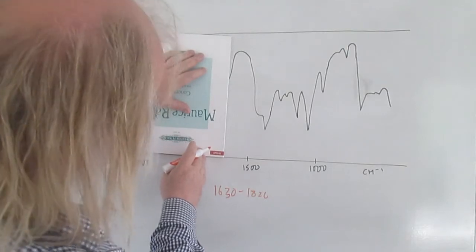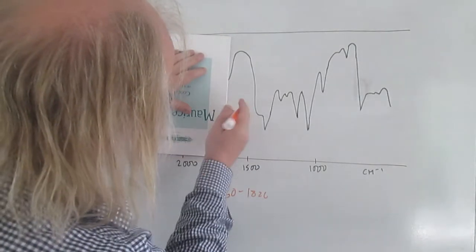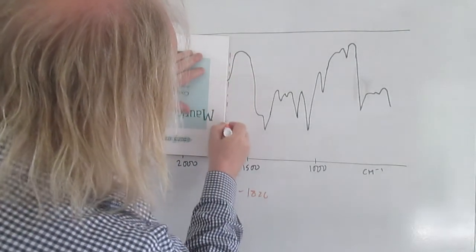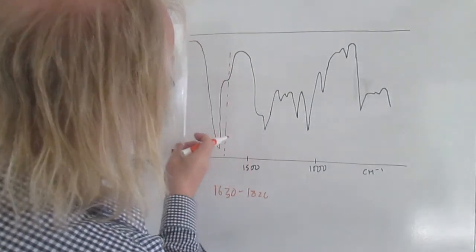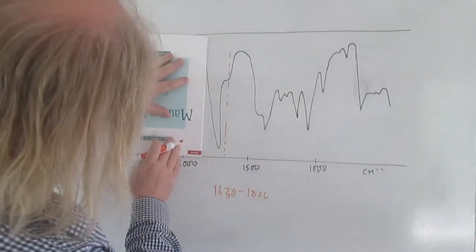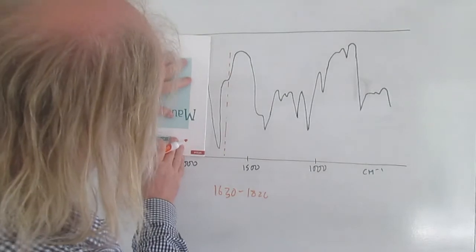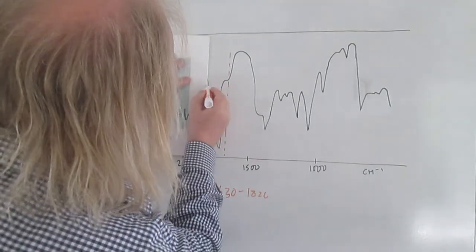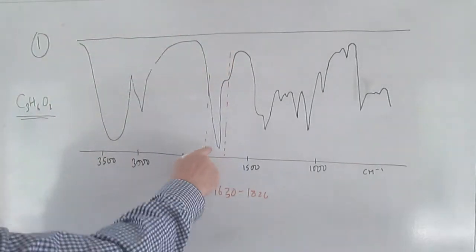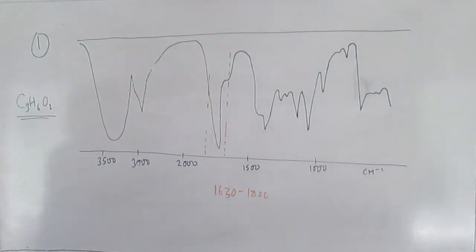So you get your set square, or whatever you're using as a set square, and you move it to 1630, somewhere here, and say that's the one edge of the peak. 1820, you do the same thing and draw a line at around 1820, and you can see that it really does fit in that window.